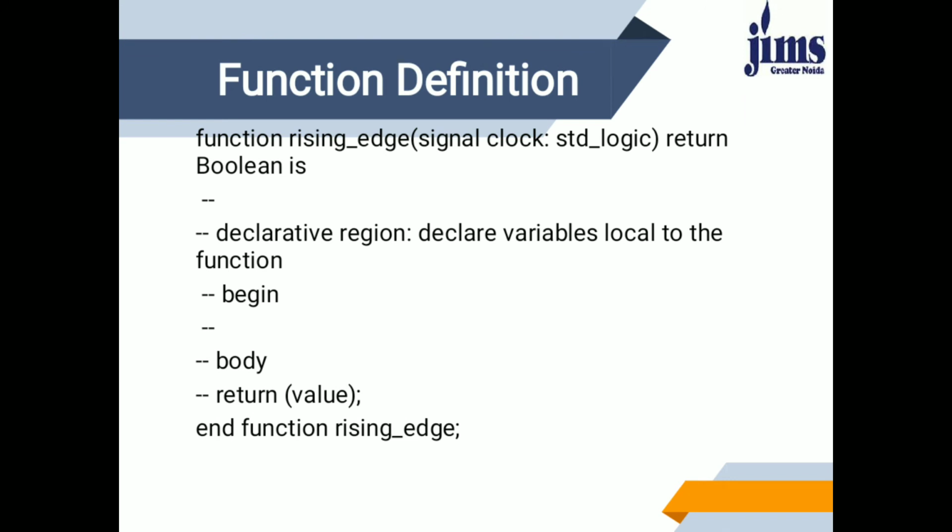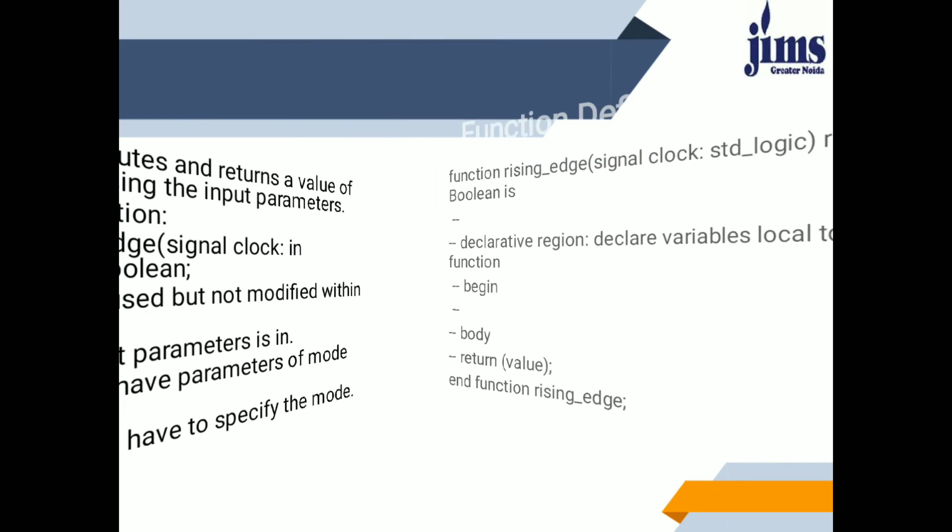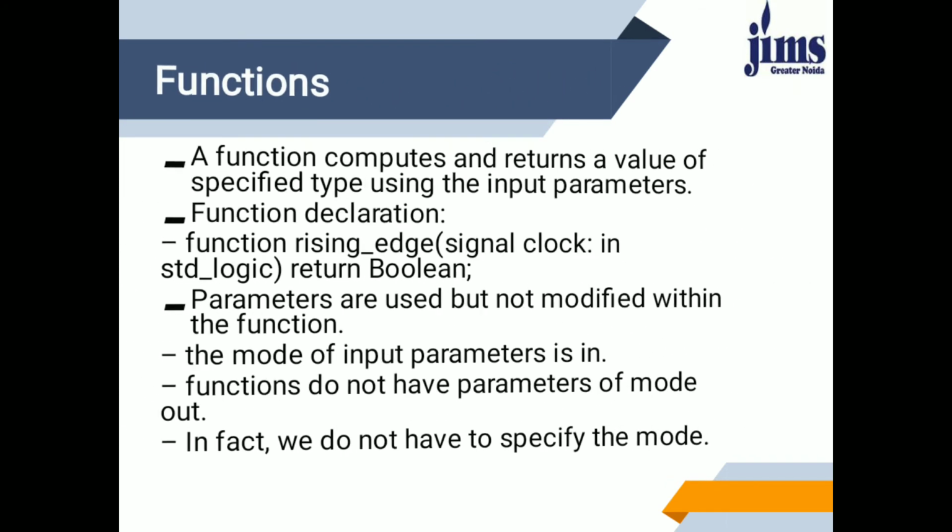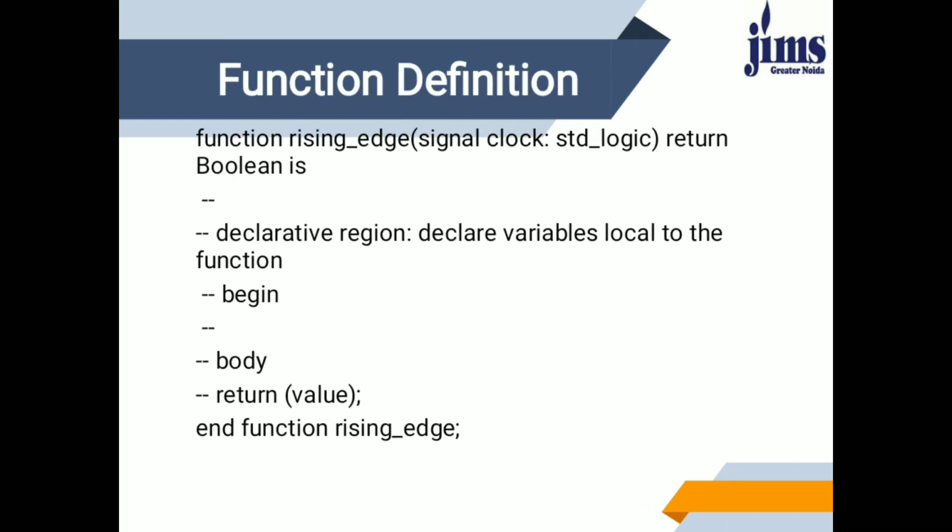Function, function name, say rising_edge, then the parameter list. Here I am defining the parameter list like signal clock, which is of type std_logic. Then we will return, the return data type is boolean. Then the declarative region will be there, declarations of variables which are local to the function.